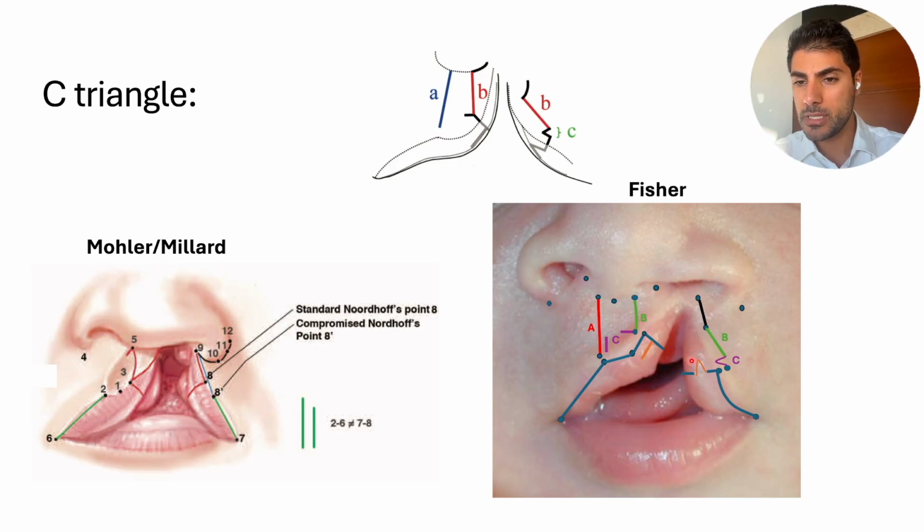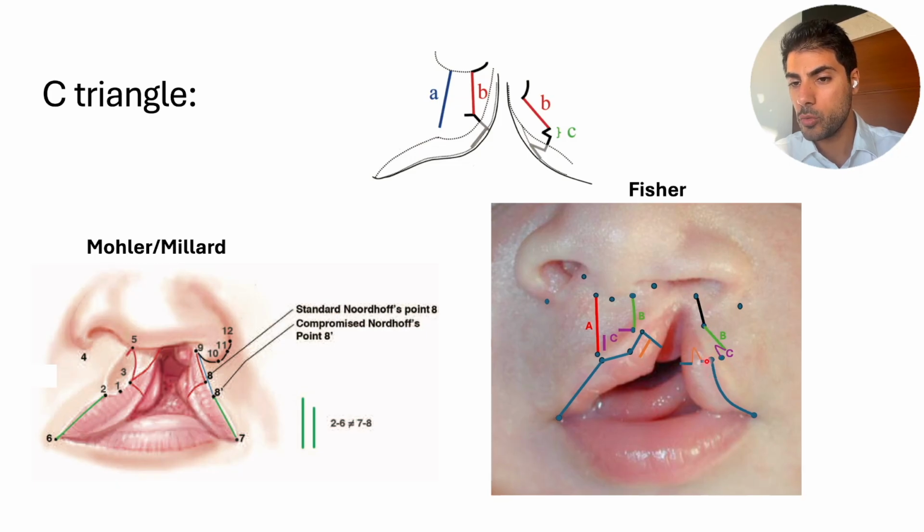Okay, so B plus C is equal to A. What this small triangle will do, let's say we picked our Nordhoff's point right over here, and this is B plus C, it will give us a length of A.